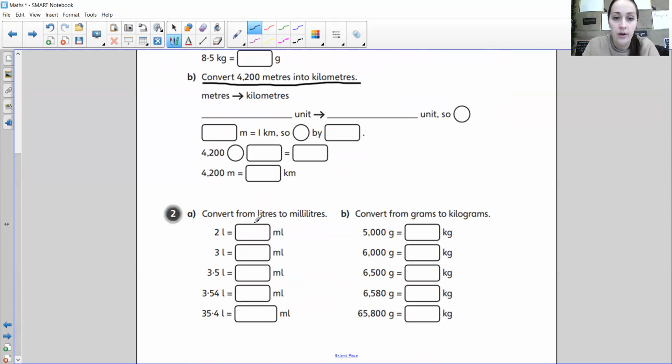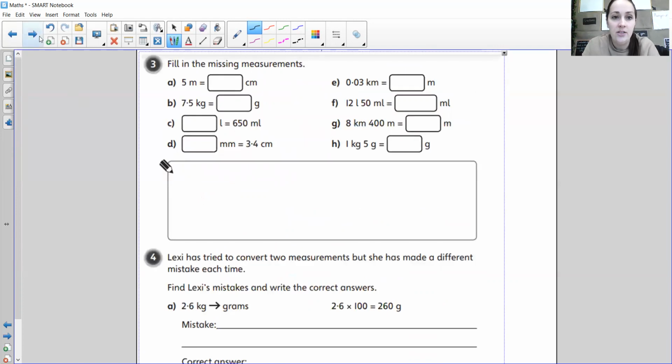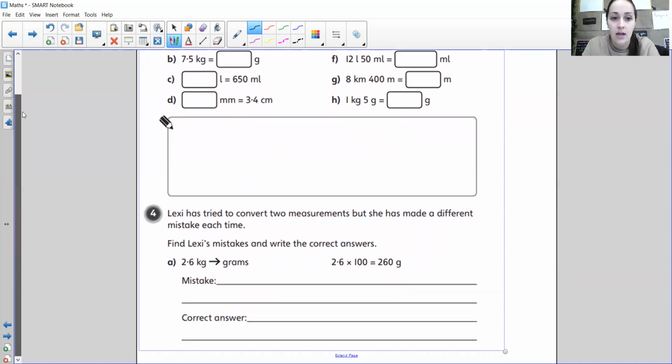Number 2 then, we're going from litres to millilitres, and then for B, we're going from grams to kilograms. Off we go. And then the last 2 then, so can we fill in the missing measurements? So 5 meters is how many centimeters? And the last one then is one we need to do a bit of an explanation.